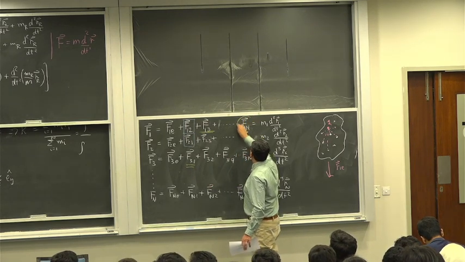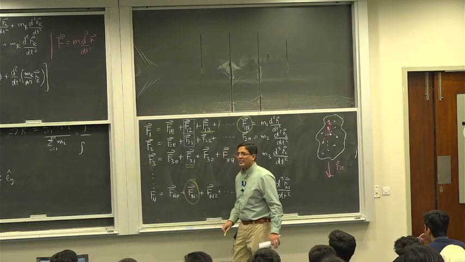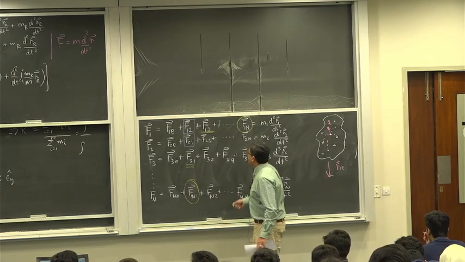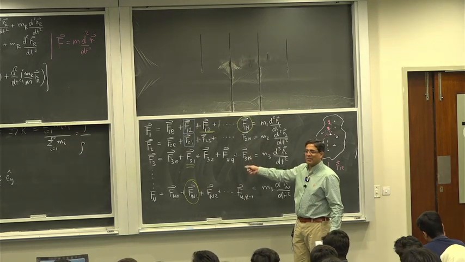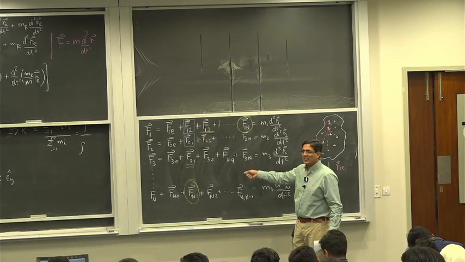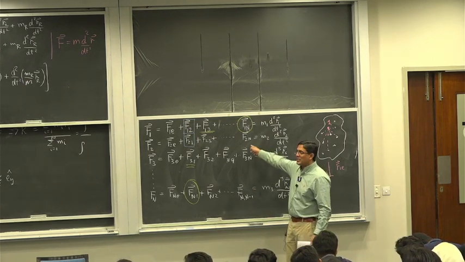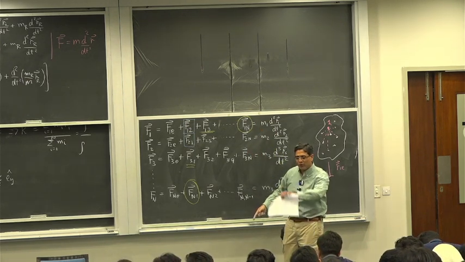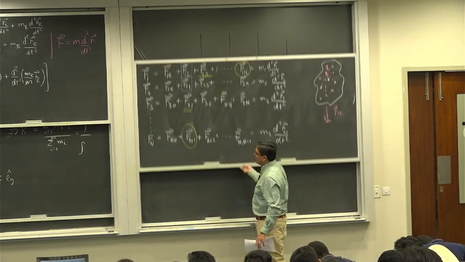How about F1n and Fn1? So every internal force has an action-reaction pair. So if you sum these together, this was Newton's second law, and if we apply Newton's third law, what you are going to get effectively is this.